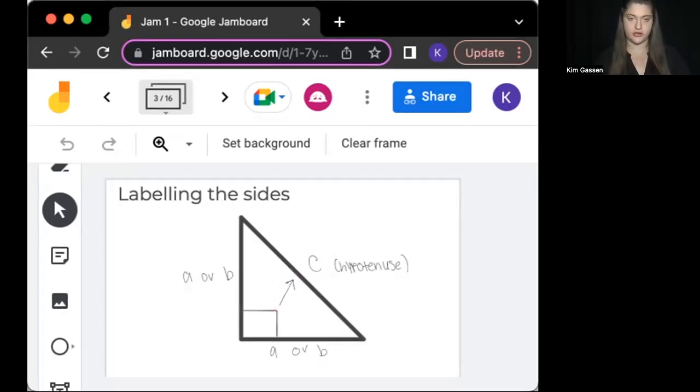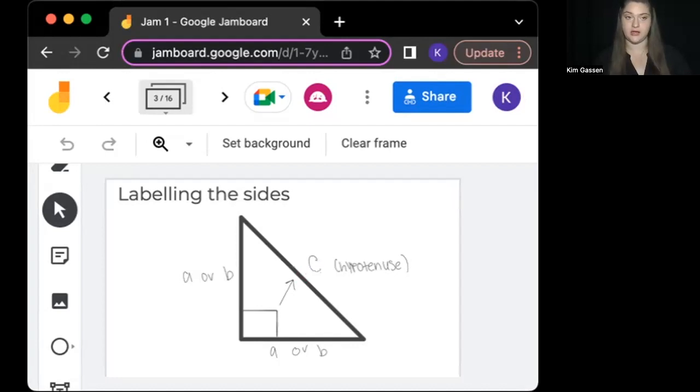So when you draw your little box to make a right angle, it's going to be pointing to line C. The other two sides, A and B, either one can be A or B, as long as the side labeled C is correct.